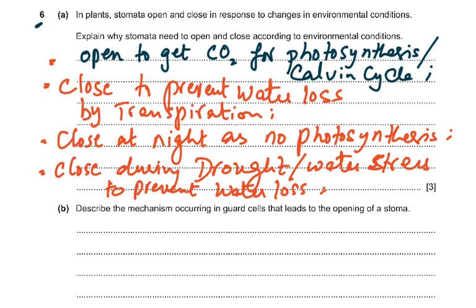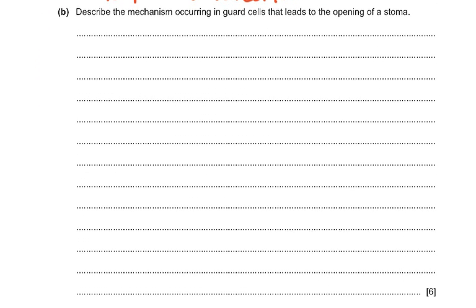Then of course we come to a very direct question. Describe the mechanism that's occurring in guard cells that leads to the opening of a stomata. And you can see this is for 6 marks. This is for the 30 to 40 marks of the paper which are direct questions.